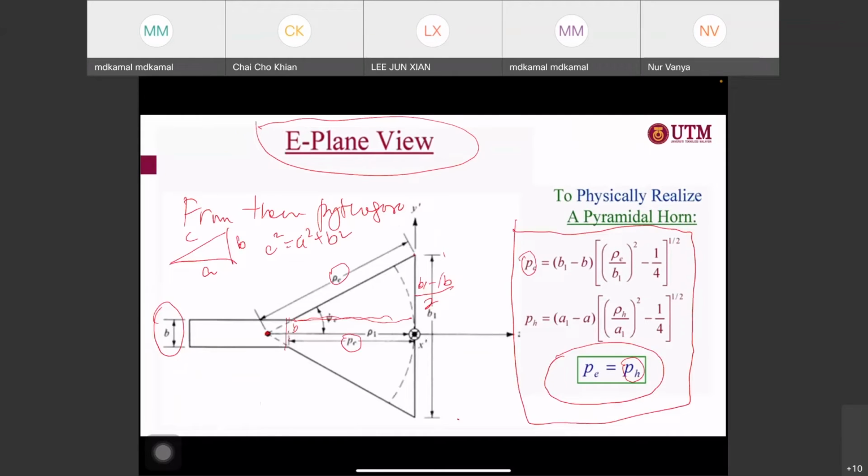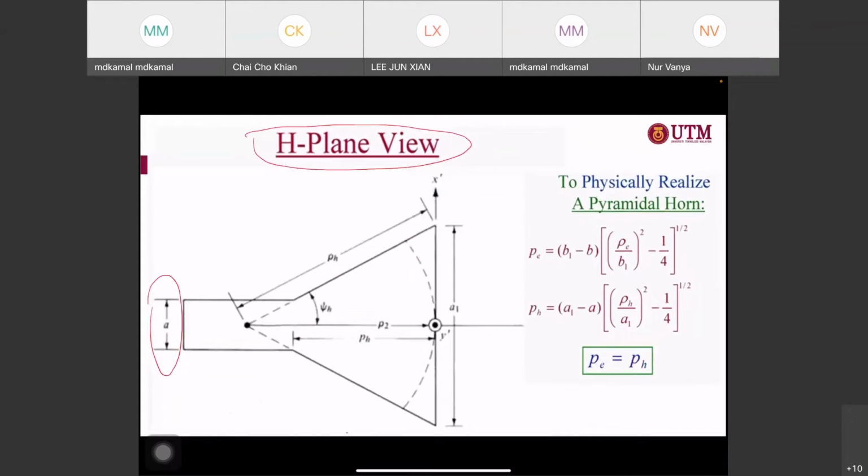In terms of the equation, it's almost the same. First of all, we need to find out the PE. This is PH because of the H plane. At the end, you want to make sure that your PE is equal to your PH.